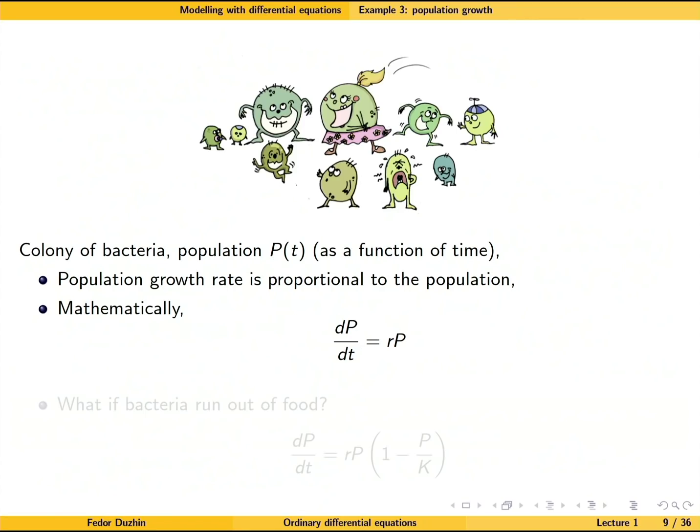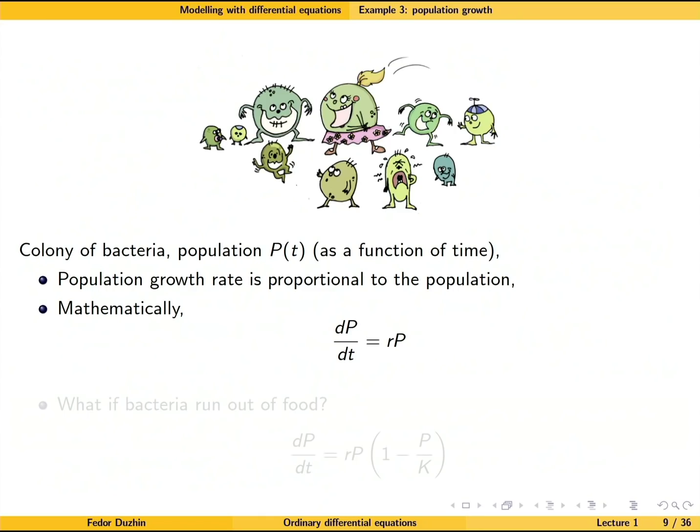Well, but of course, if you think a little bit about this differential equation, you will realize that the growth rate cannot be proportional to the population forever, right? Because the bacteria only have limited resources.